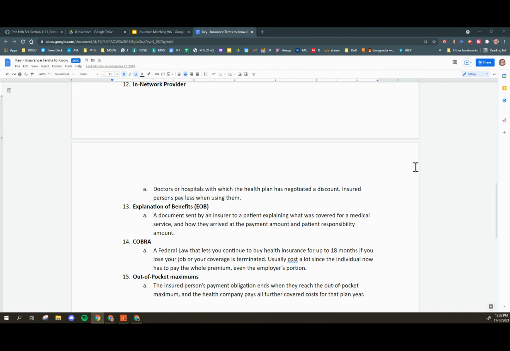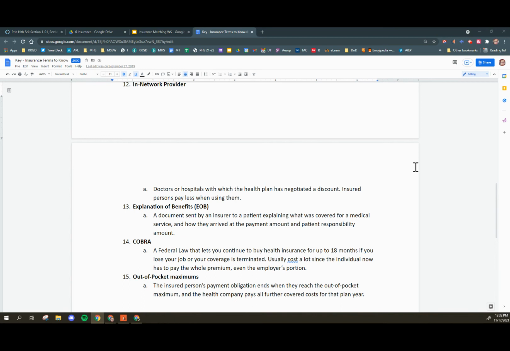It says what amount they approved for that service to be paid at. It states how much the healthcare provider should expect to receive for that service. And then of the remaining balance, how much the patient is responsible for.